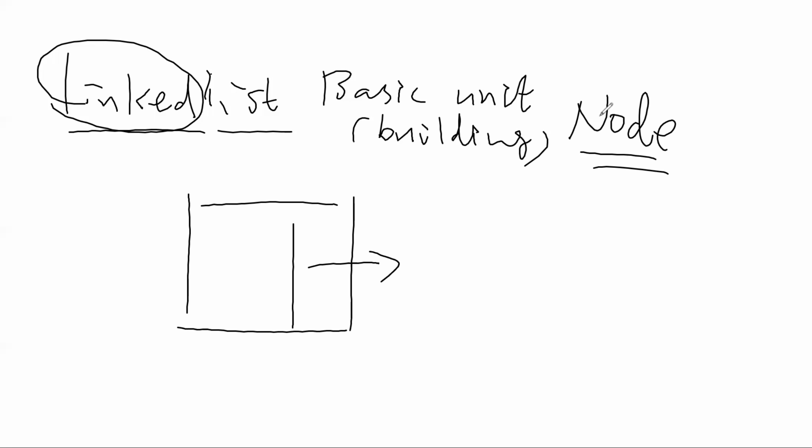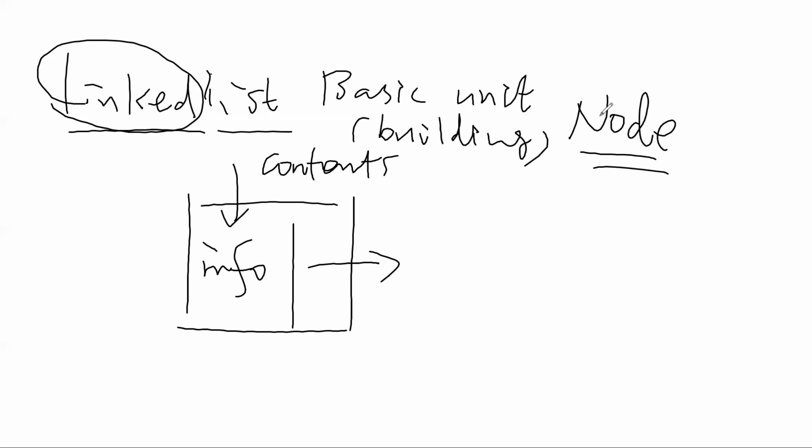A node, generally speaking, has two parts. Okay, it has some information part. Generally, the information is going to be used to store contents. Okay, store content.